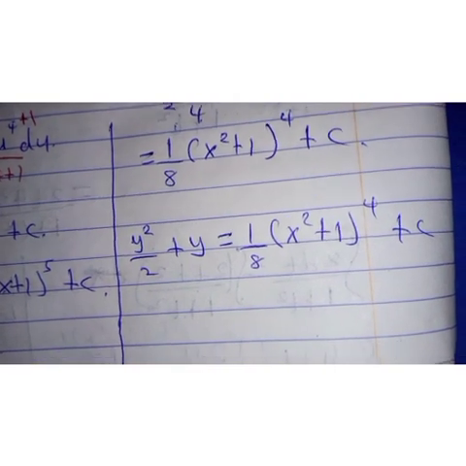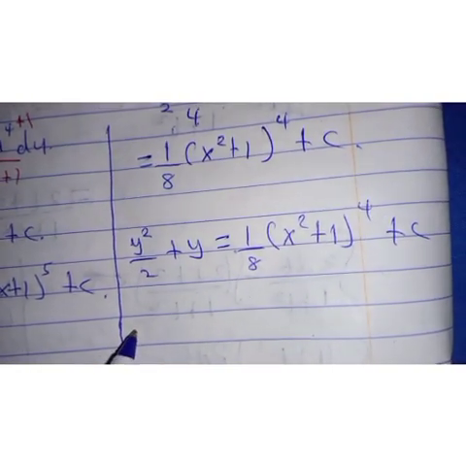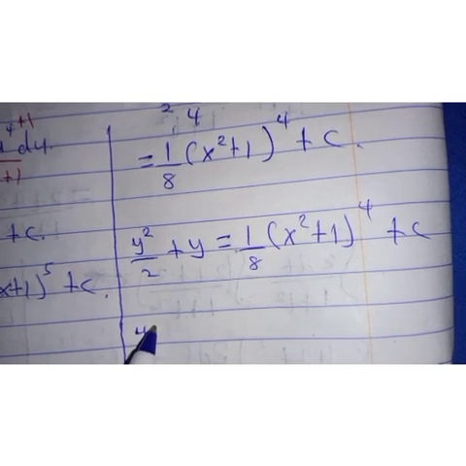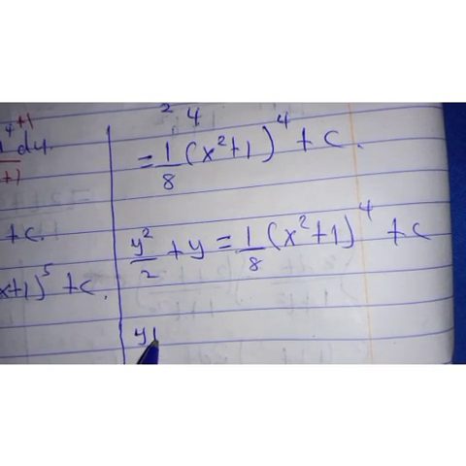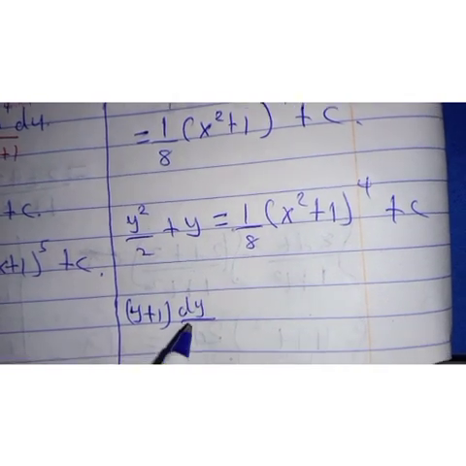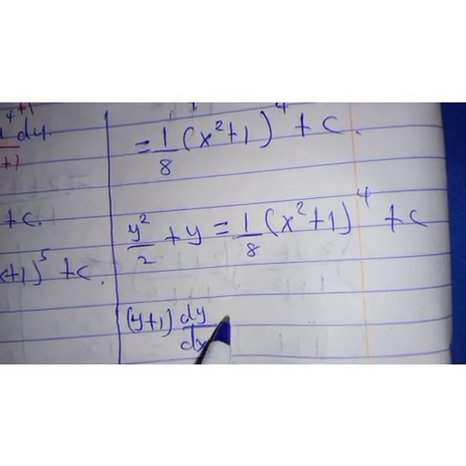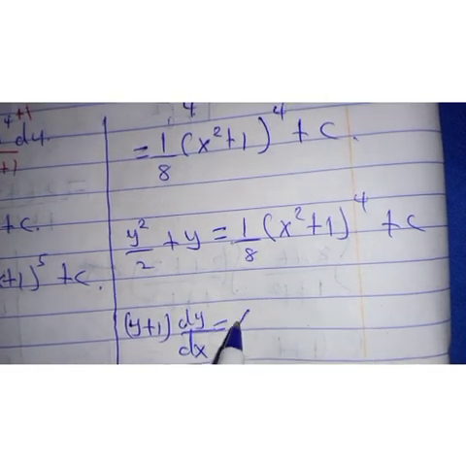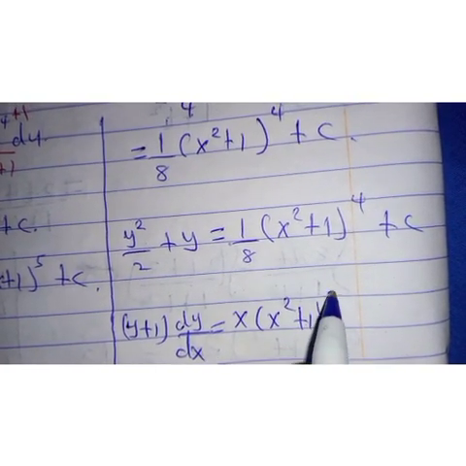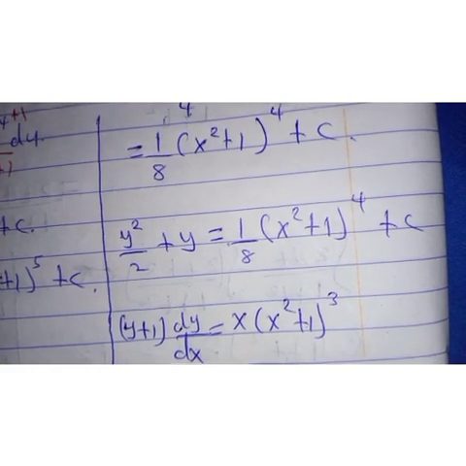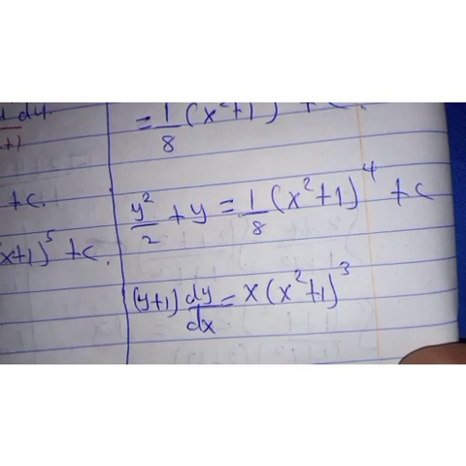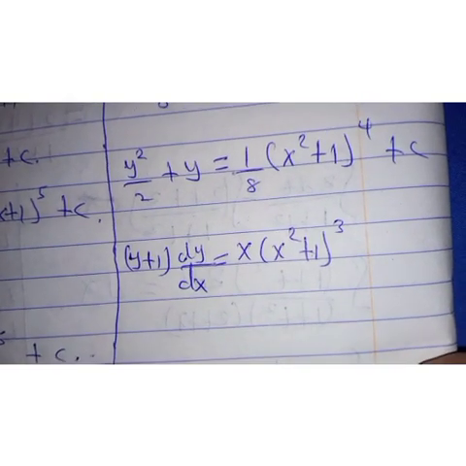Hence, the general solution of our ODE, which was y plus 1 dy over dx equal to x into bracket x squared plus 1 power 3, we have obtained our result to be as this above here, which you can write down here.